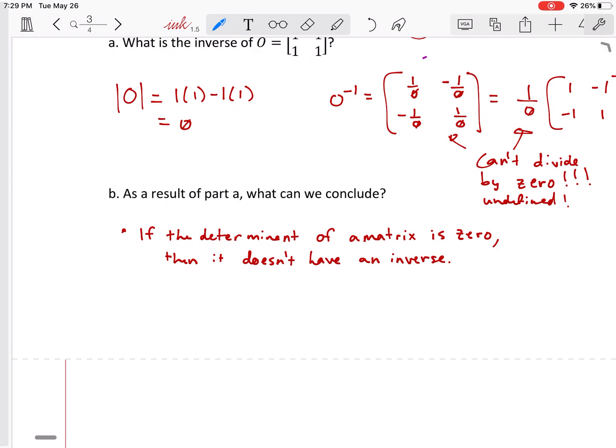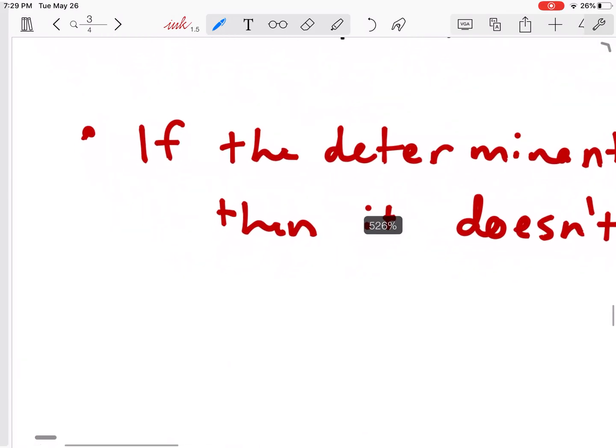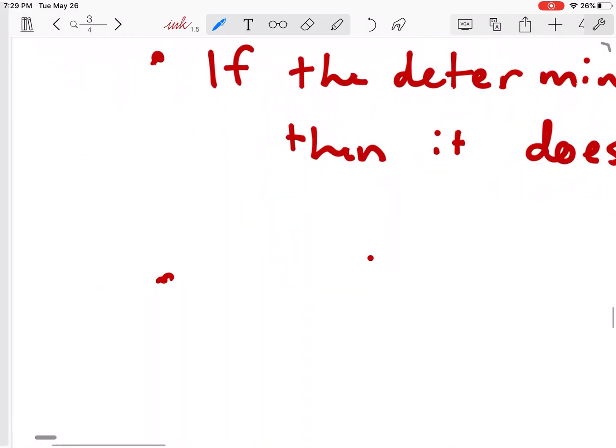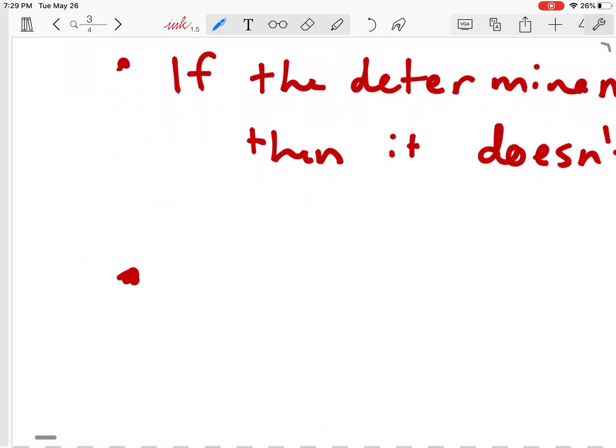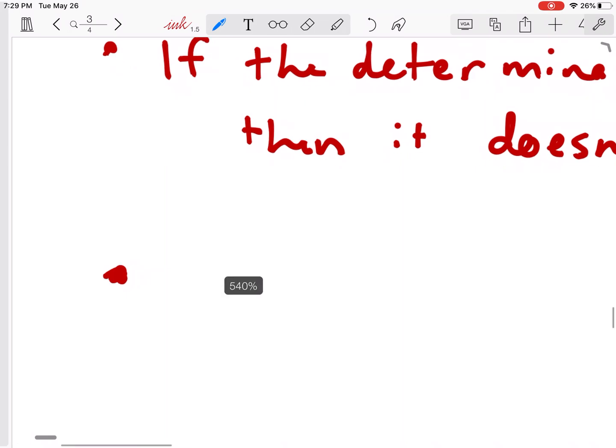Cool thing though is this works conversely as well, the other way around. Basically, if I flip this statement, sometimes we might already know that we have no inverse, therefore we can actually just say what the determinant is.